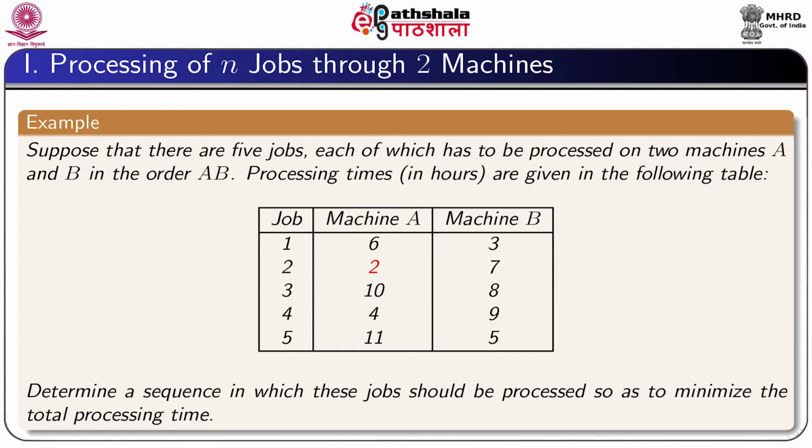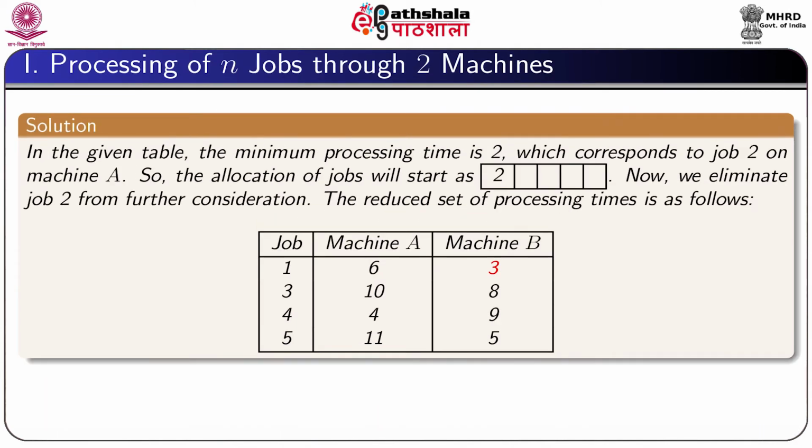If we apply Johnson's algorithm, then we have to first look for the minimum processing time. So, this table shows that the minimum processing time is 2, which corresponds to job 2 on machine A. So, the allocation of jobs will start by placing job 2 at the first place of the sequence.